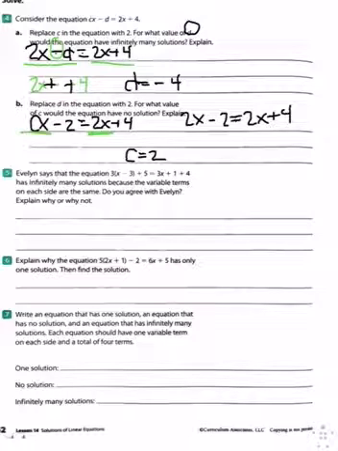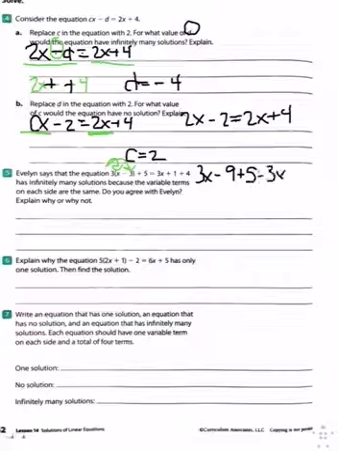Problem number 5. Evelyn says that the equation 3 parentheses x minus 3 plus 5 equals 3x plus 1 plus 4 has infinitely many solutions because the variable terms on each side are the same. Do you agree with Evelyn? Explain why or why not. So we would first distribute our 3 to both parts of the parentheses, and we would get the equation 3x minus 9 plus 5 equals 3x plus 1 plus 4.